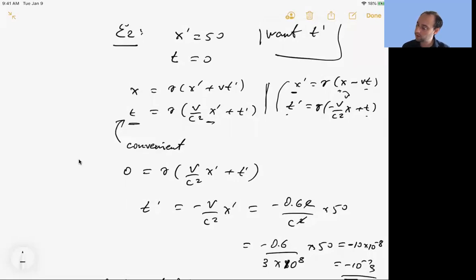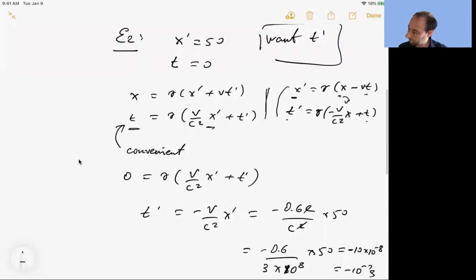The most convenient one to use now is this one, because we know that t is 0, x prime is 50.